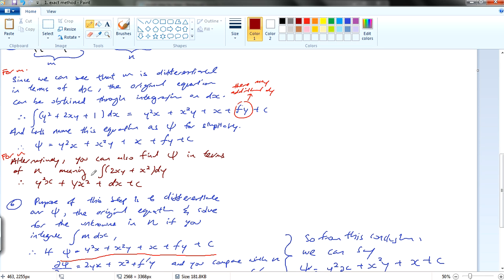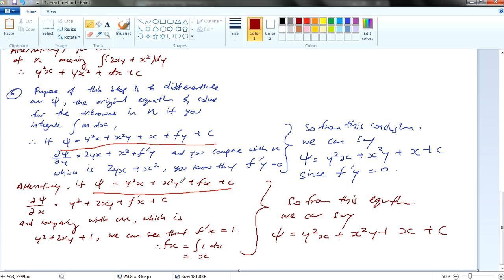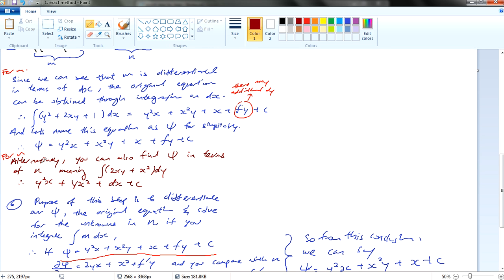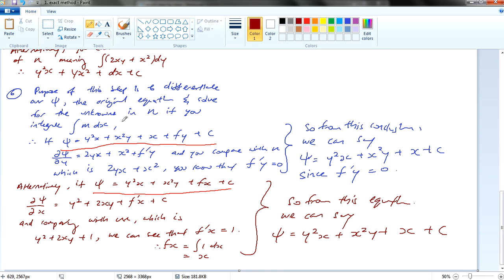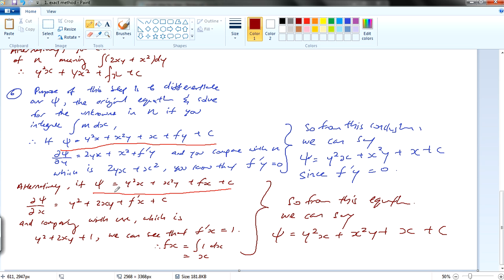Alternatively, for this method with n, you can see there is some function of x. So now we deal in terms of n. Take note that this equation is different from this equation because your approach is different. So you have this as the xi in terms of n. If you partial differentiate in terms of x, you get this equation.